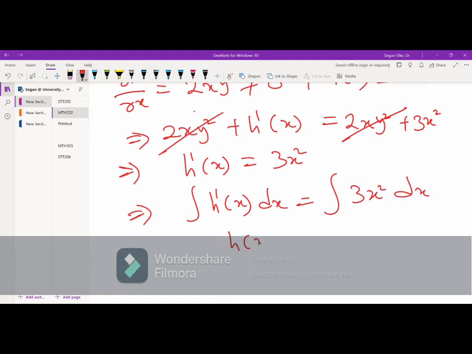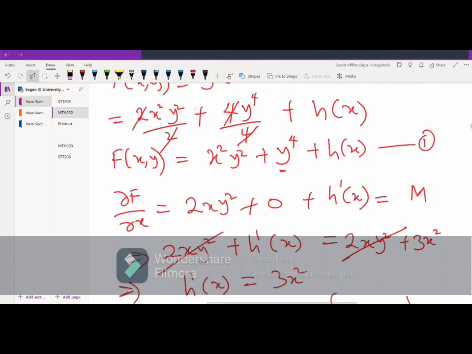So I have h of x equals to what? 3x squared over 3, so 3x cubed over 3 plus c1, or plus whatever you call it when you integrate. So we can say h of x is equal to x cubed plus c1, which is equation 2.